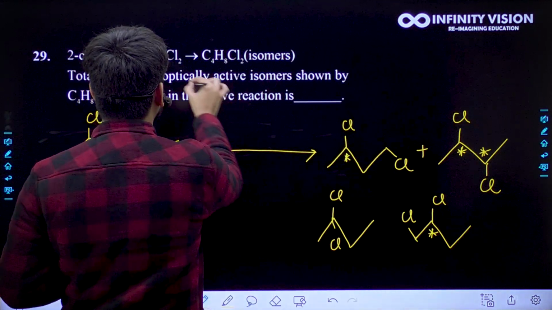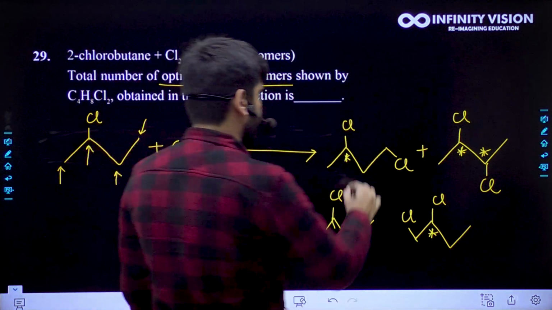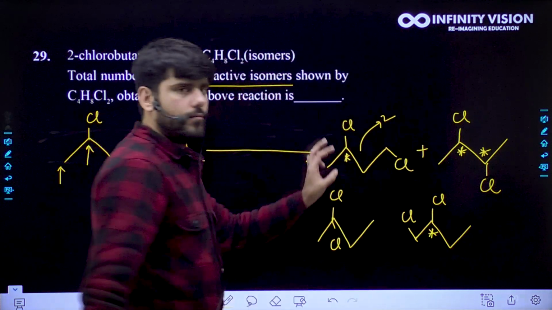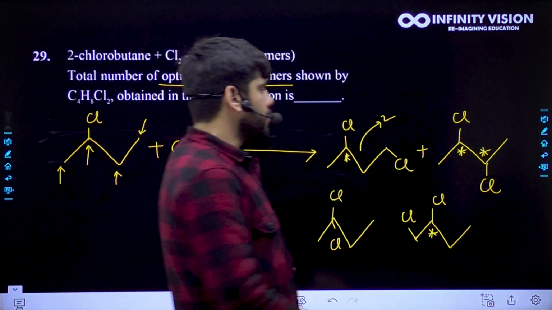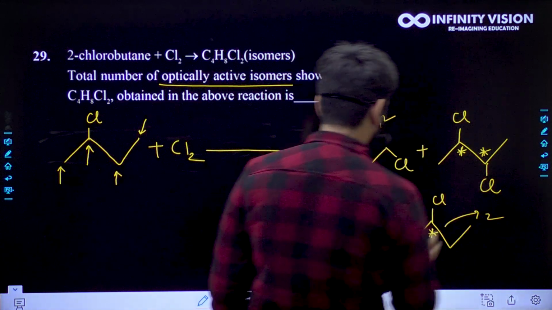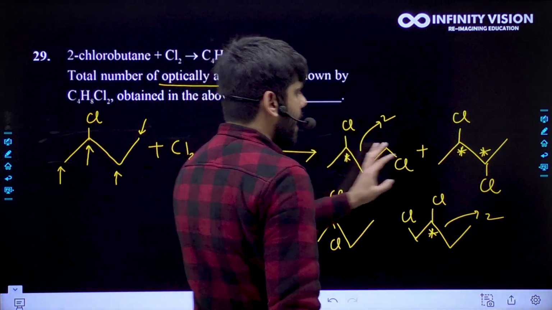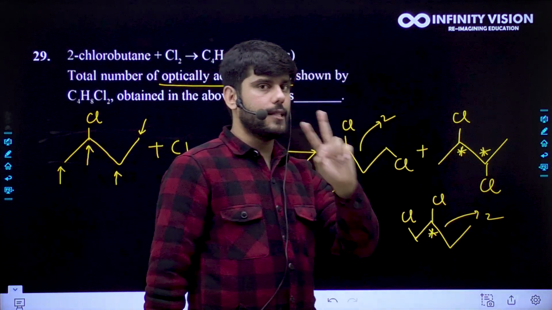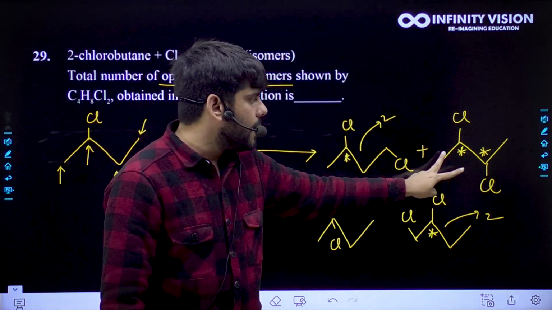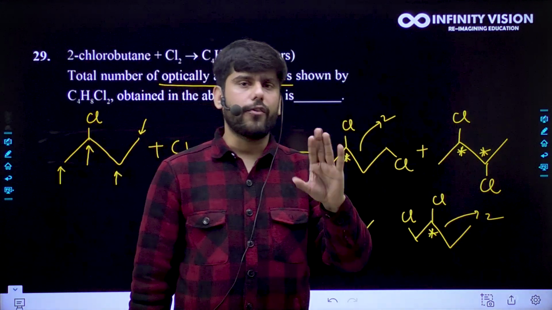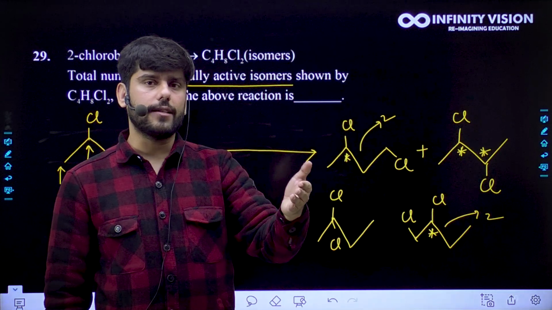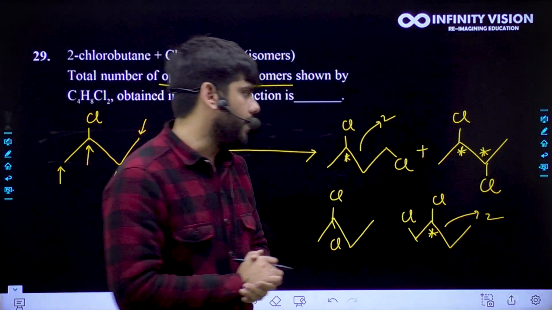So the question is total number of optically active isomers. We get 2 from here, the D and L form, pair of enantiomers. We get 2 from here, right? And here we have 2 asymmetric carbons or 2 chiral centers. Now this is something like tartaric acid. So we have the meso tartaric acid and the D and L forms of tartaric acid.